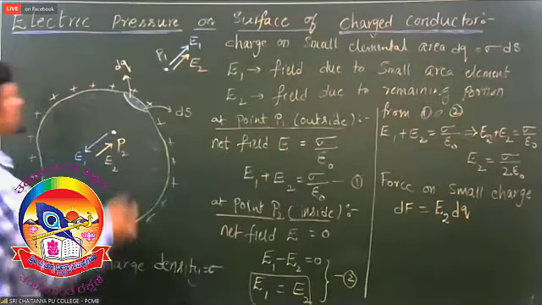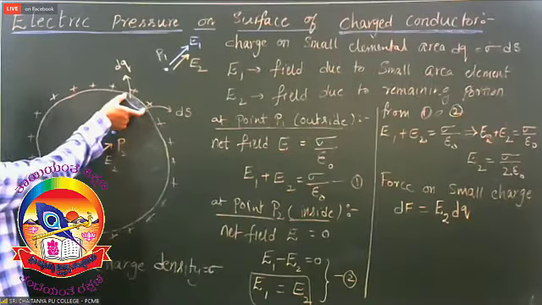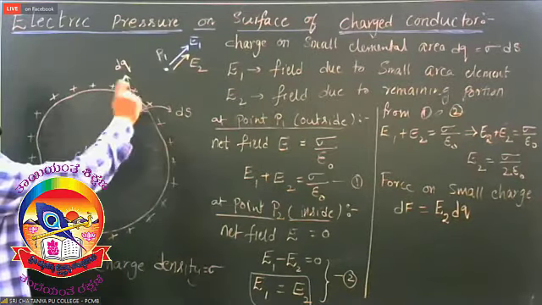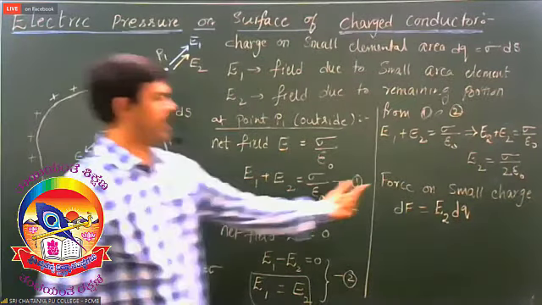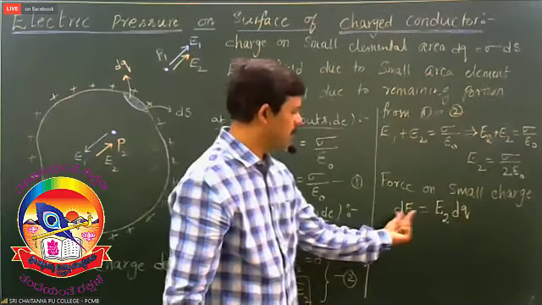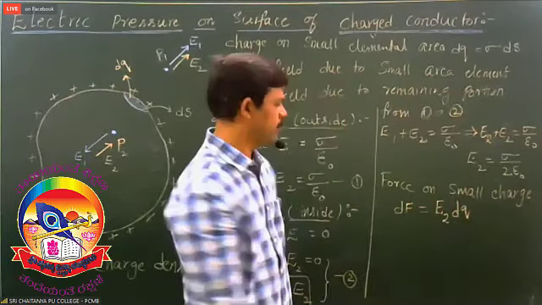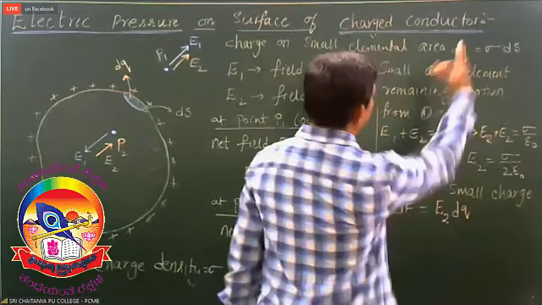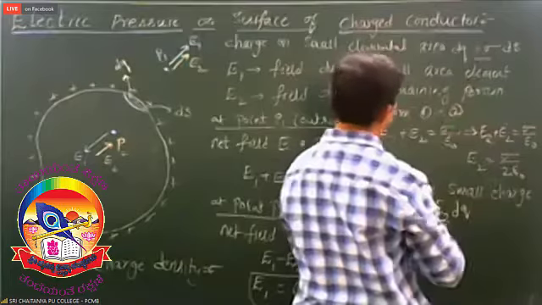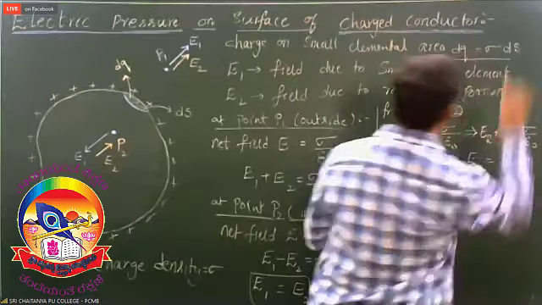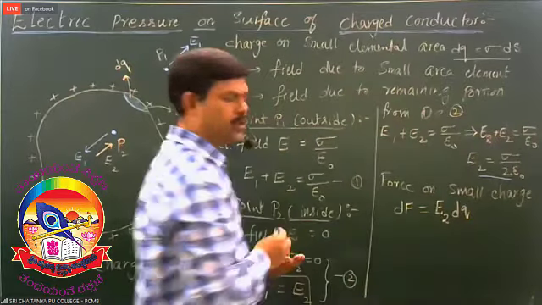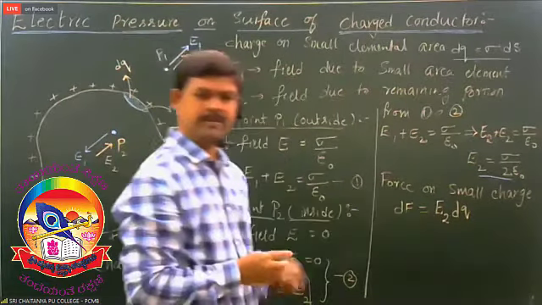Our aim is to find out the force on the small element. Force is due to the field of the remaining portion. That field we found here: E2 is equal to sigma by 2 epsilon naught. Then force on that small element is E2 into dq. What is dq here? This is dq, this is E2. Then substitute those two in this relation. What do you get?